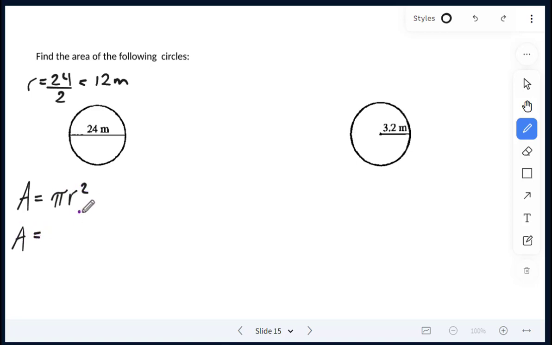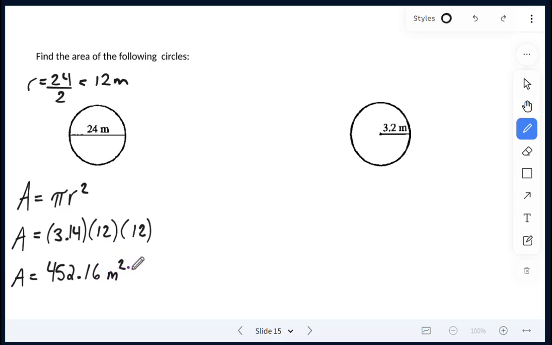So area equals pi r squared. So 3.14 times radius squared, which is 12 times 12. That gives me my answer of 452.16, and that is meters squared. Don't forget, units for area are always squared.